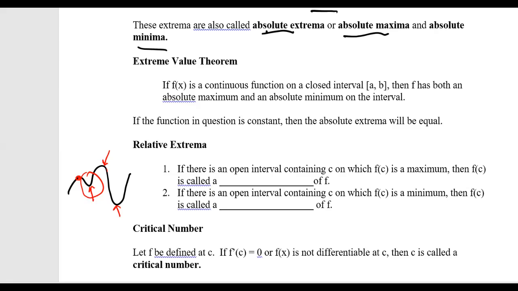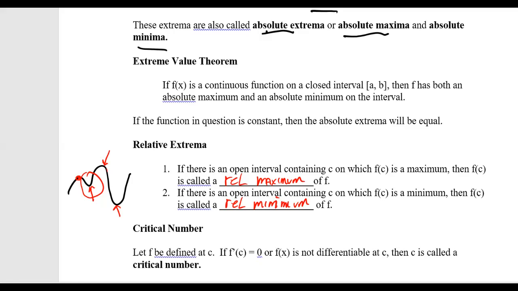If there's an open interval containing c on which f of c is a maximum, then f of c is called a relative maximum. And if f of c is a minimum, then f of c is called a relative minimum.